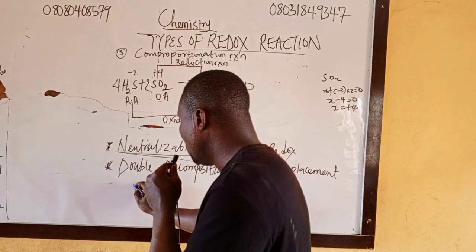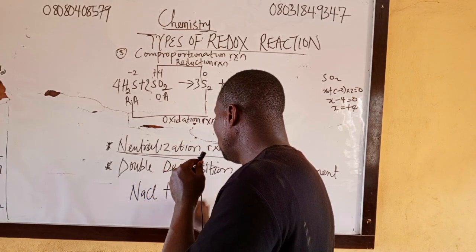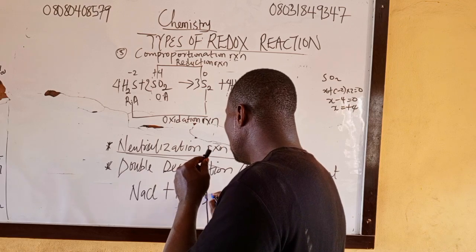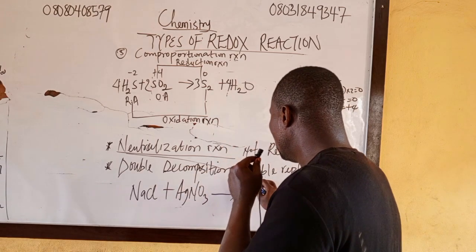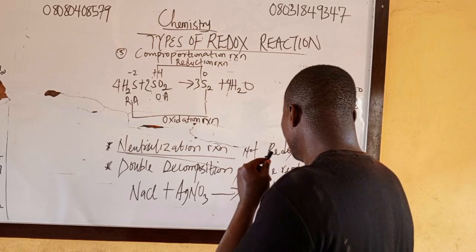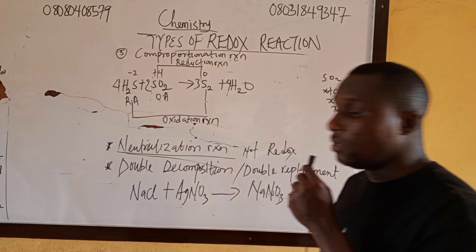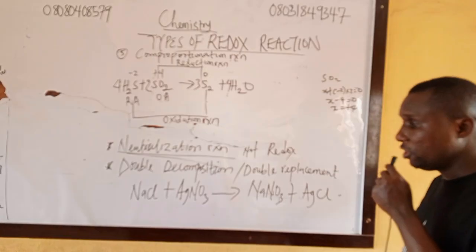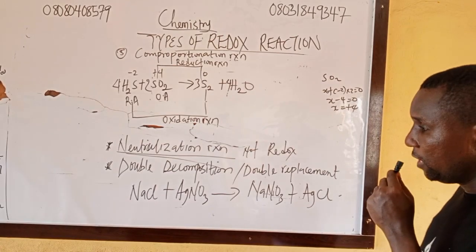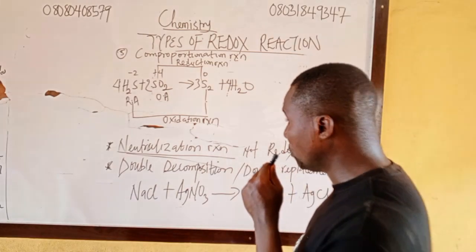When you have sodium chloride plus AgNO3 to give sodium nitrate plus AgCl. This one is not redox. Double decomposition reaction is not a redox reaction.